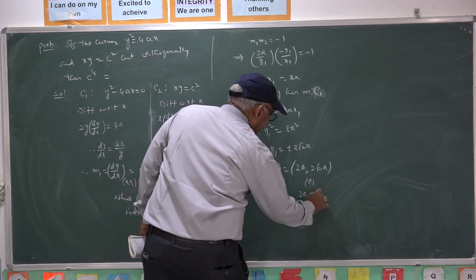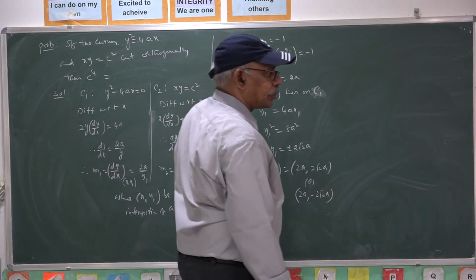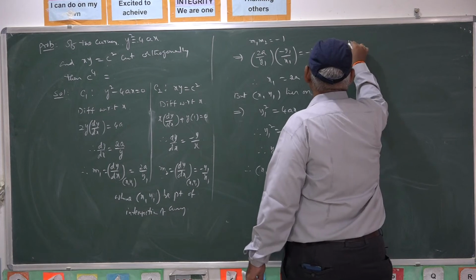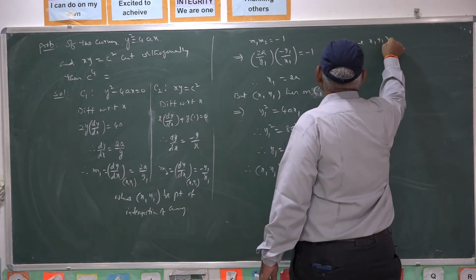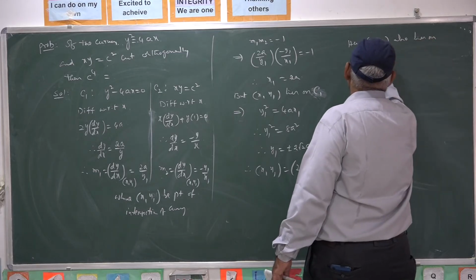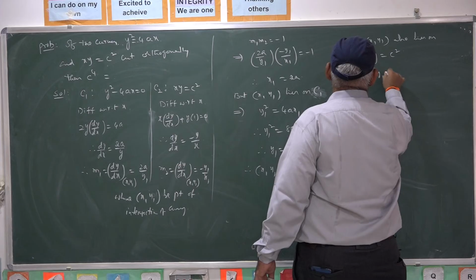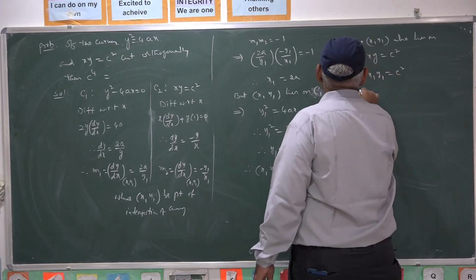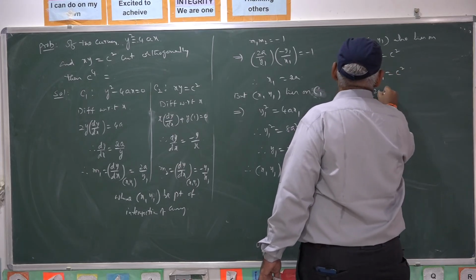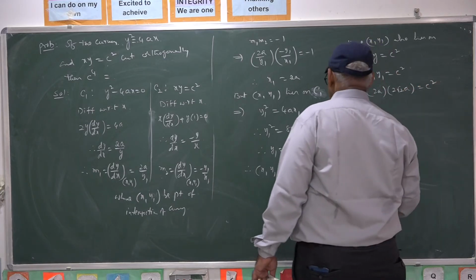Of course, x1 y1 also lies on xy equal to c square. Therefore, x1 y1 must be equal to c square. So 2a into 2 root 2a takes the value c square.